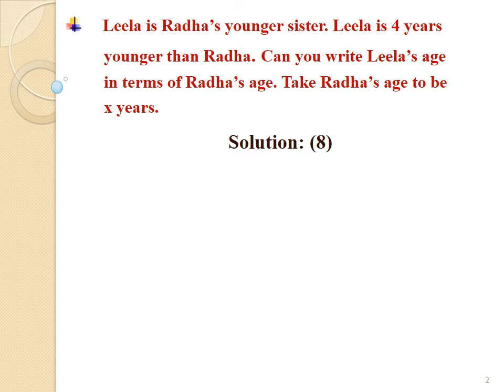And if Radha's age is x years, then Leela's age will be x minus 4 years. Thus, we can write Leela's age in terms of Radha's age as x minus 4 years. Thus, Leela's age equals x minus 4 years.